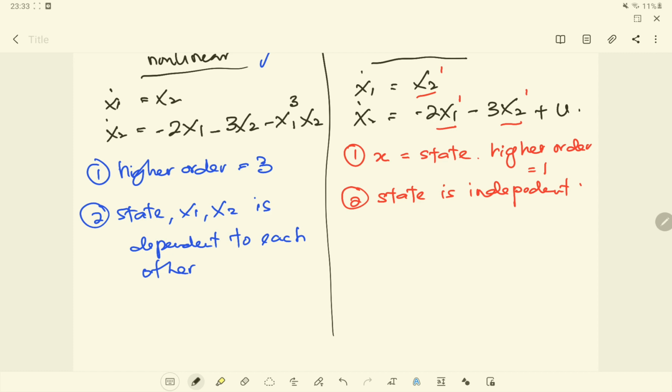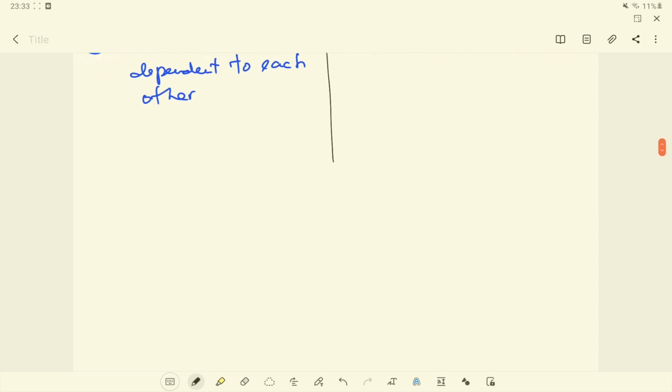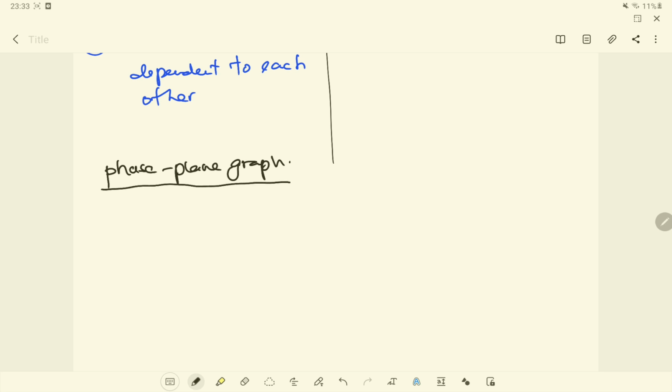Next is the phase plane graph. The phase plane graph is a state graph. We plot x1, x2, x3, or x1 dot, x2 dot, x3 dot.